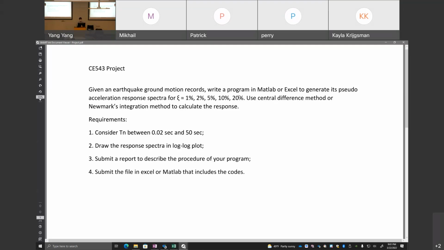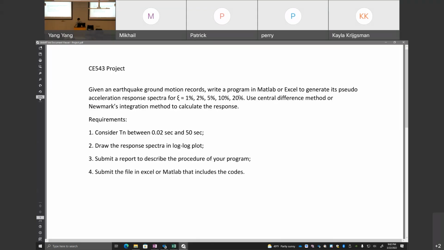So basically, the requirements. Firstly, you need to select a system with a given natural period for the single degree of freedom system, ranging from 0.02 seconds to 50 seconds.